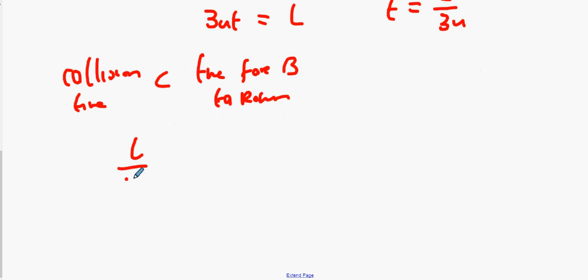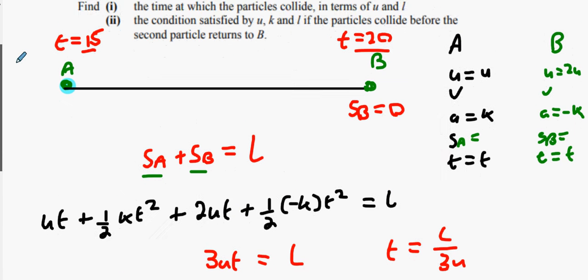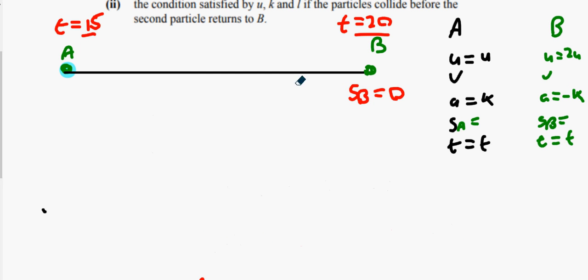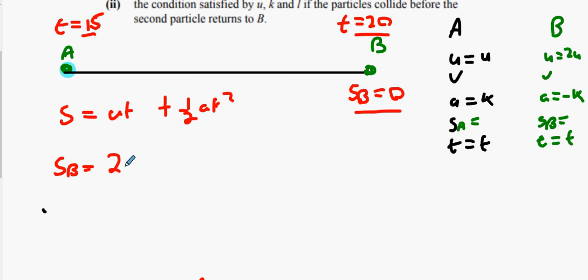L over 3U. Now, how do you find the time taken for B to get back? We actually have it here. SB equals 0 is what we're looking for. So, S equals UT plus a half AT squared. SB equals 2UT minus a half KT squared, no bother.